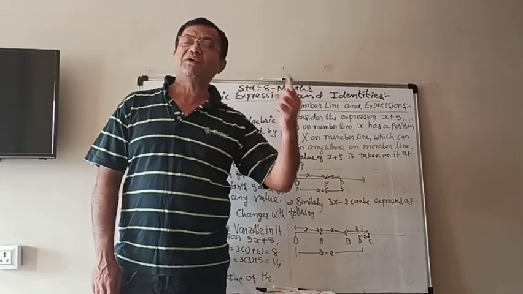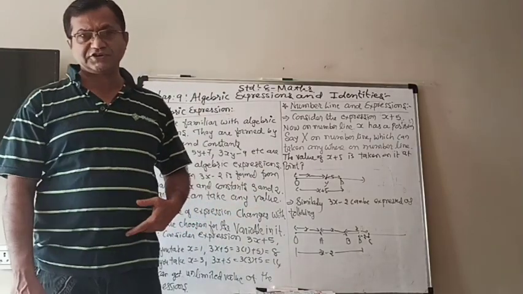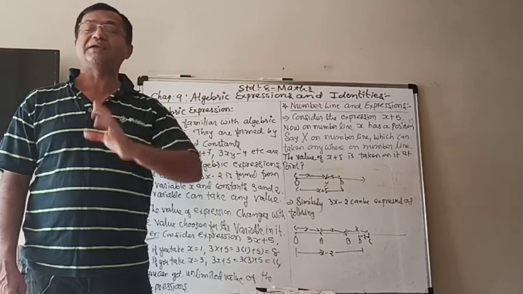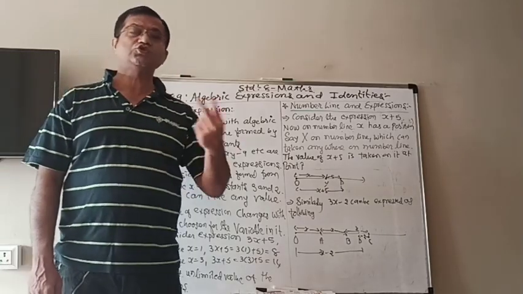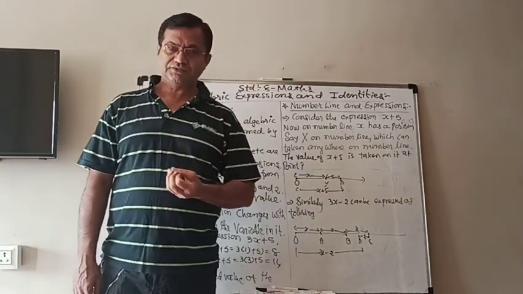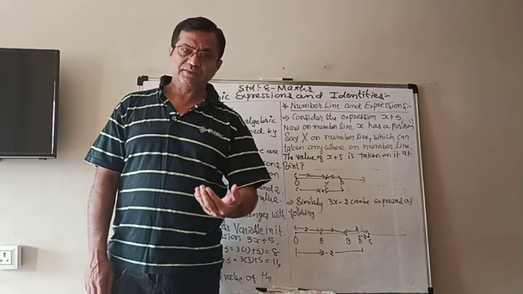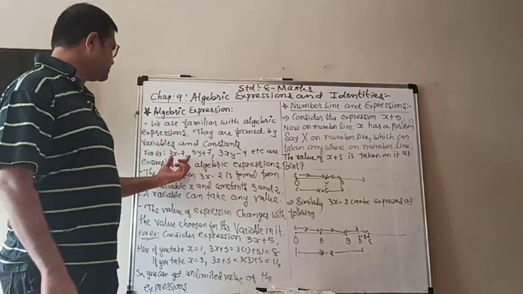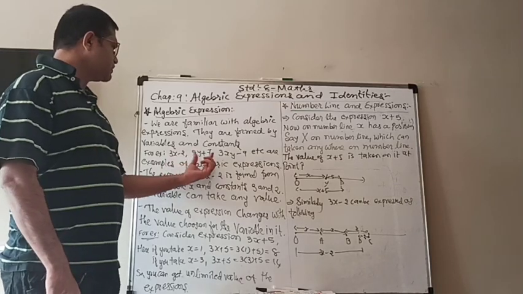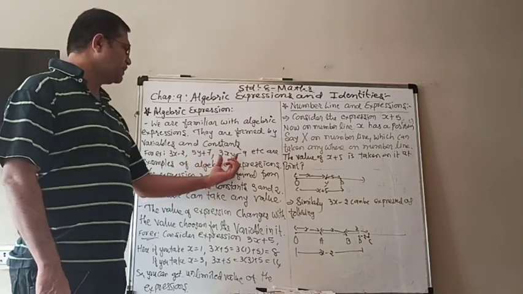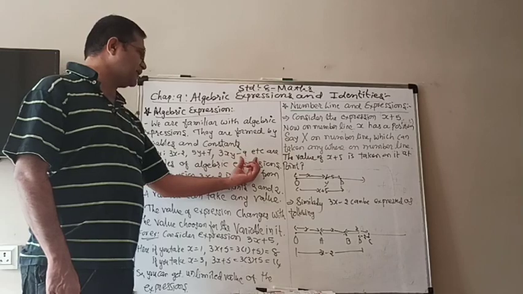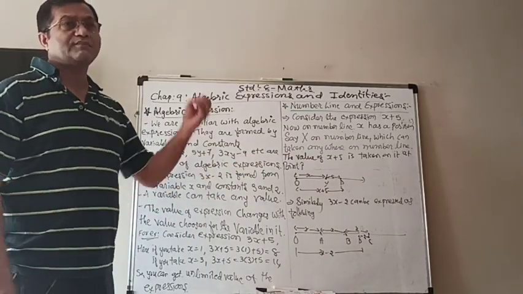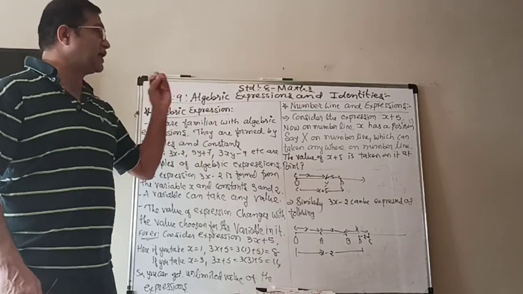If you use only one variable in it, it is known as an expression in one variable. If you use two variables like x and y both, it is an expression with two variables. Here you can see 3x minus 2, 5y plus 7, 3xy minus 9. They are examples of algebraic expressions.